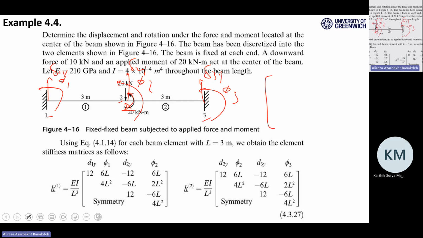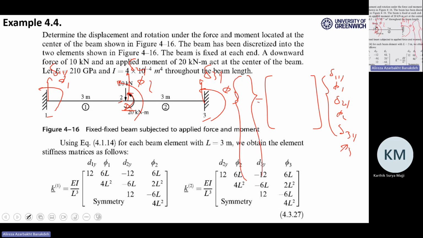When you assemble the 6 by 6 matrix, in the right-hand side you have the unknown deformations like delta 1y, phi 1, delta 2y, phi 2, delta 3y, phi 3. And in the left-hand side, you have F1y, M1, F2y, M2, and F3y, M3.